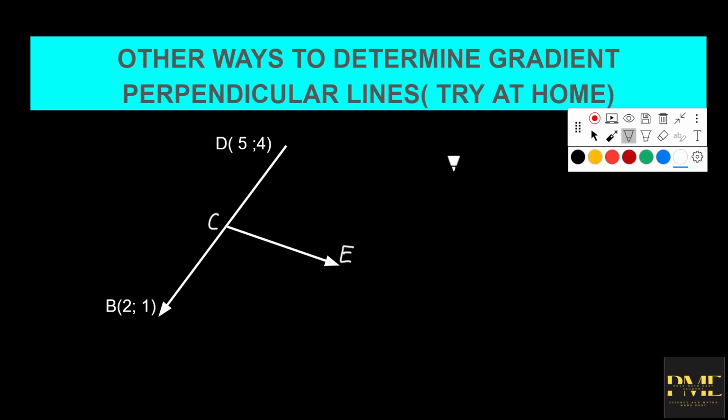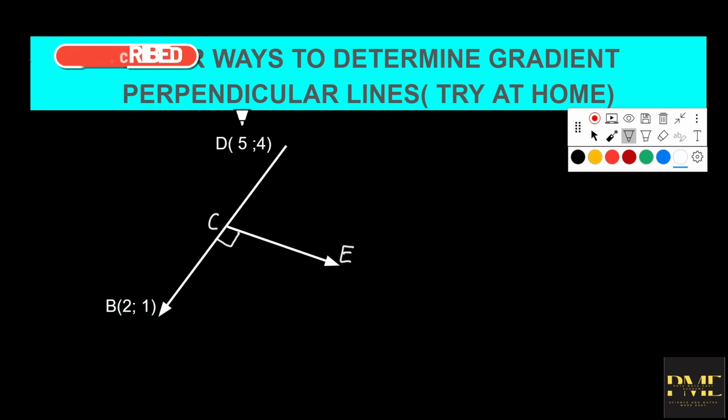All right, so let us just try this one at home, guys, just to see whether you are actually getting the concept. So DB is perpendicular to CE. Let us calculate the gradient of CE and see if we can find it. Right, so you can pause your video at this stage and then continue with your video.